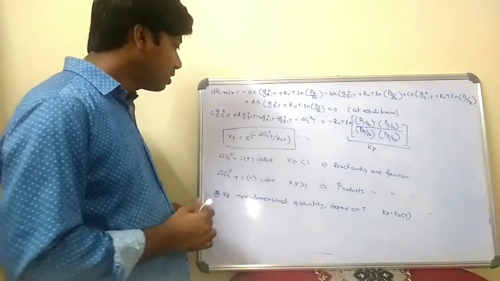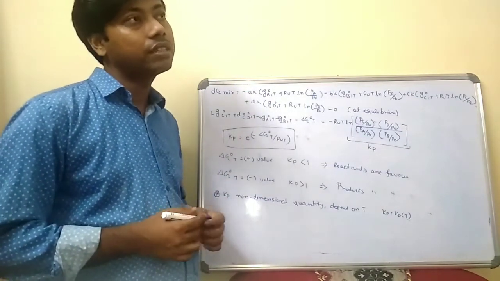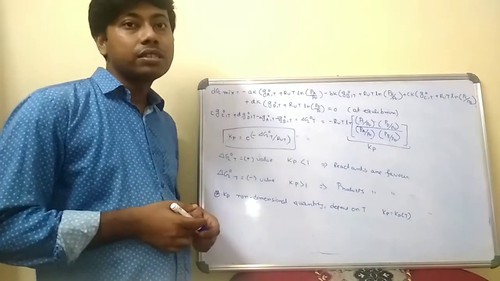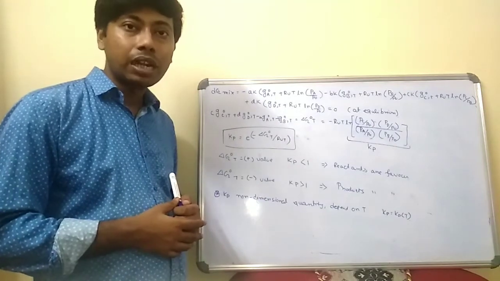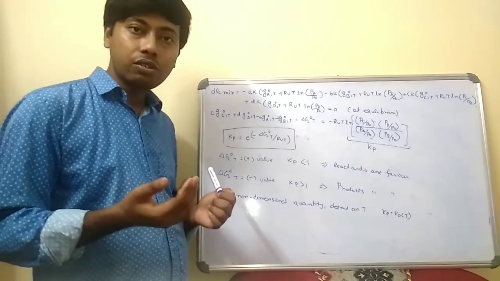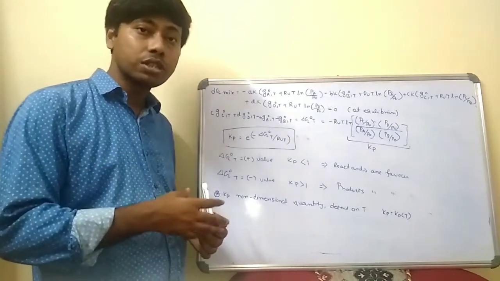So these are the things for a particular chemical equilibrium. If it is an adiabatic process, then you can apply only the second law of thermodynamics, and if it is a non-adiabatic process, then we can introduce the Gibbs free energy and Helmholtz equations.